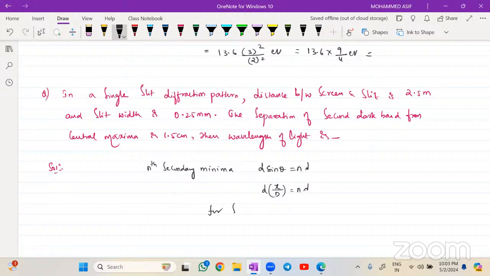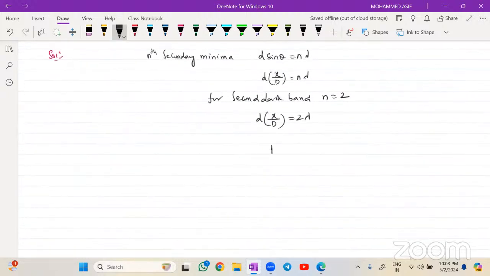Now he's asking for what? For second dark band. That means n value is equal to how much? 2, isn't it? So d into x divided by D is equal to 2 times lambda. He's asking me the wavelength. So lambda is equal to d by 2 into x divided by capital D. Capital D is the distance of the screen.